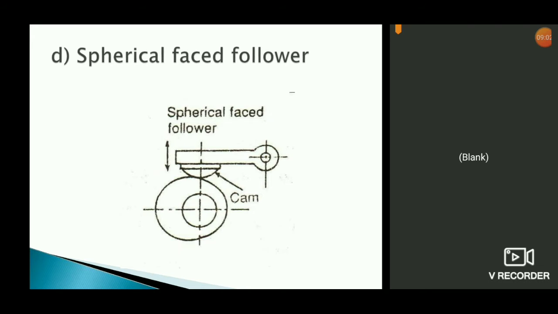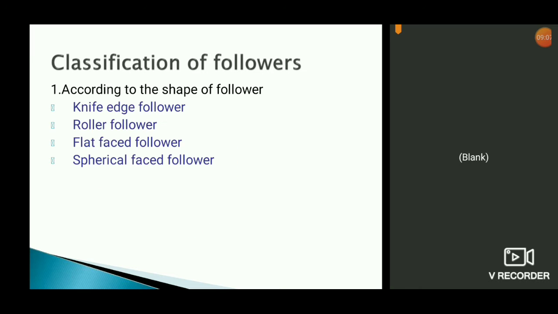So of these four types, mainly knife edge, roller, flat faced and spherical faced follower, the first two, knife edge and roller, are the most important types of follower. You can expect most of the problems to come under these two categories.